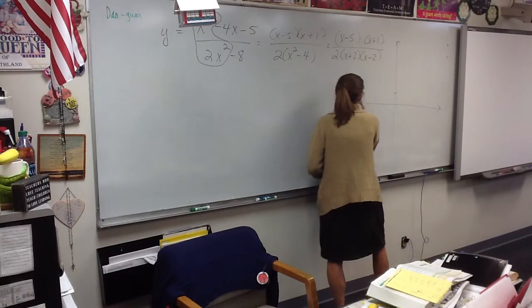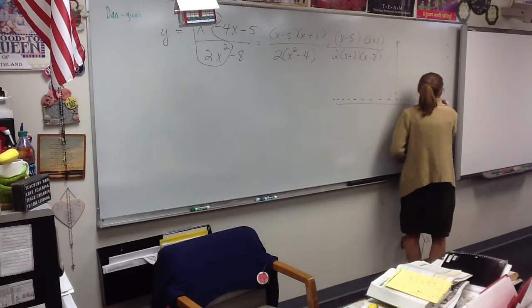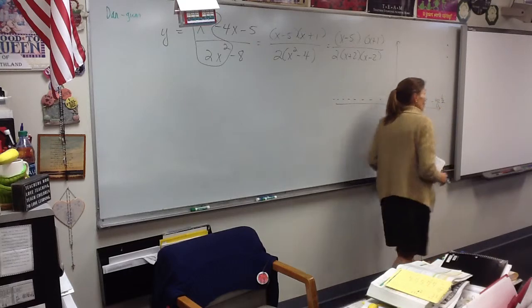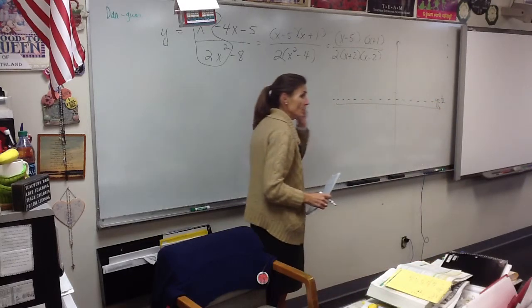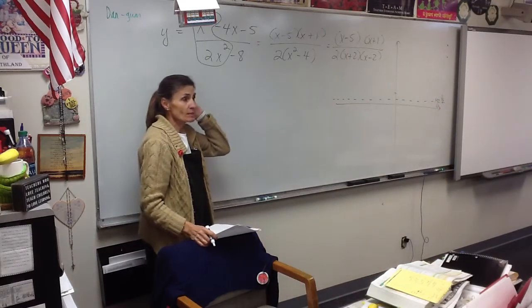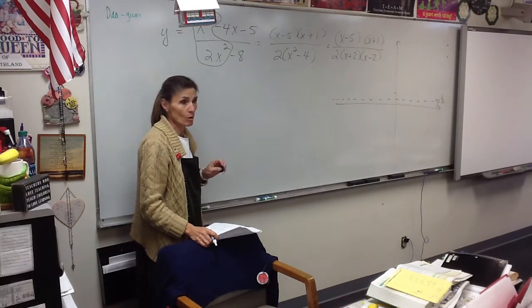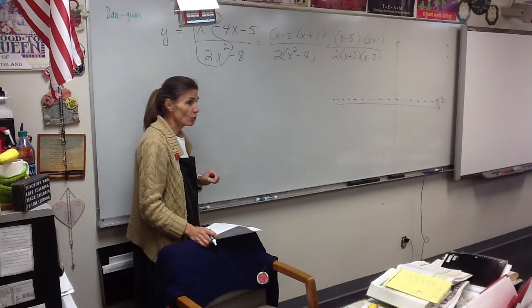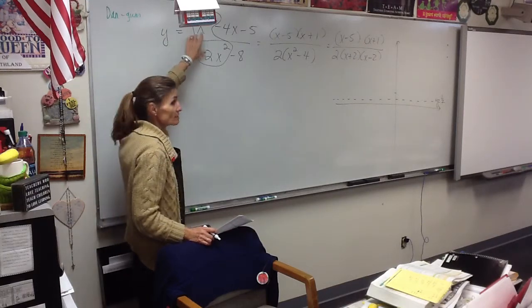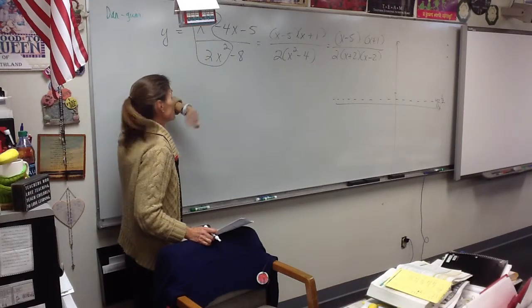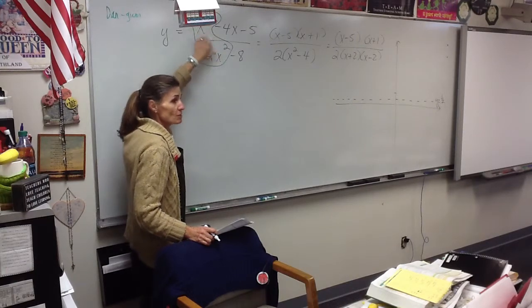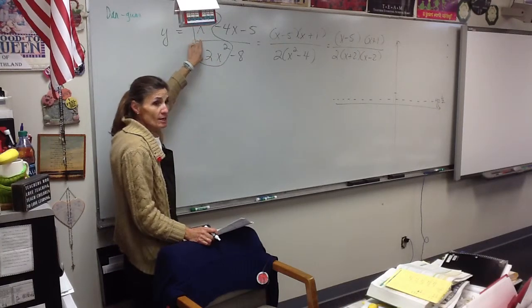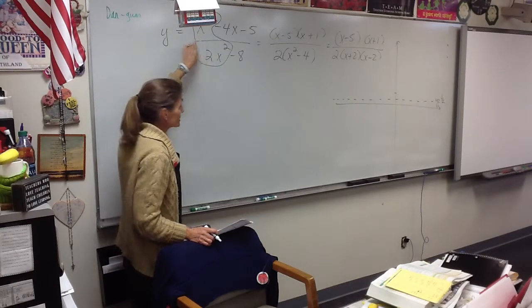So you have a horizontal asymptote at y equals 1/2. When we say bottom bigger and top bigger, we're talking about the power, like x cubed over x squared. We're not talking about the coefficients. When the powers match, that fraction is your asymptote. So this is at 1/2.